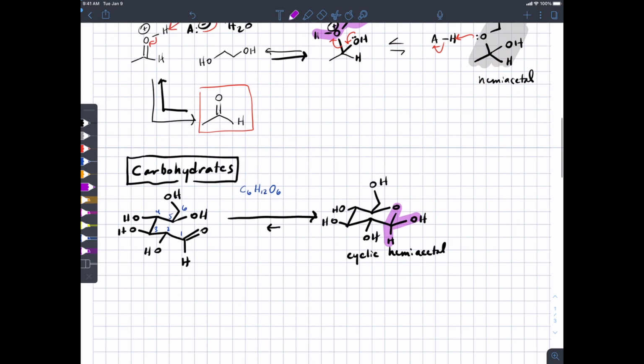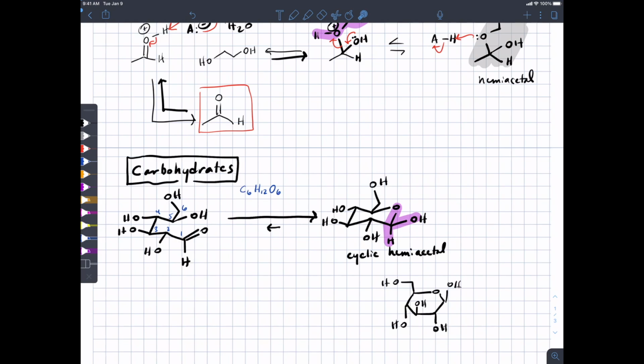You may have seen drawings of glucose before that looked like this. That's a particular way of representing the glucose ring and the stereochemistry, but it adopts a chair conformation.